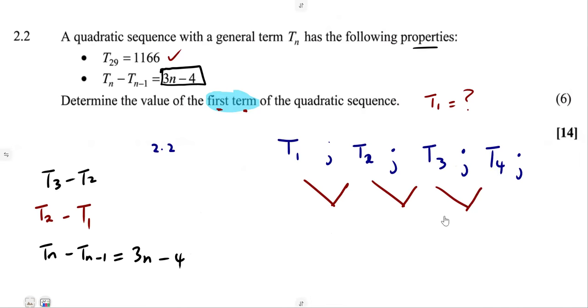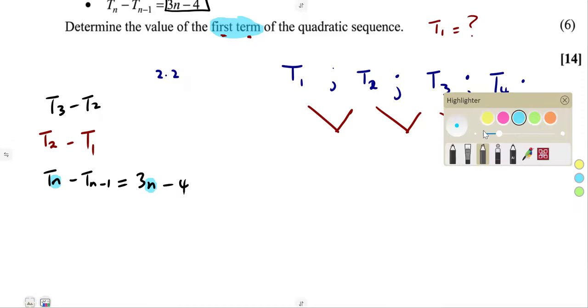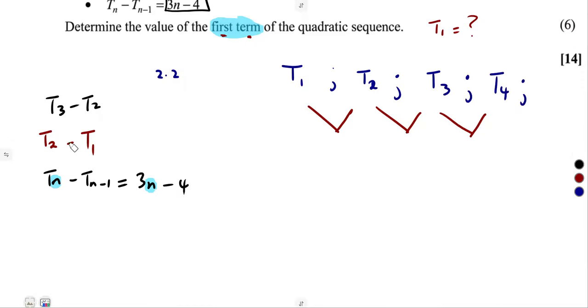What does it mean in actual sense? It means the n is the important thing here. The n minus 1 is the n that you put here. If we have T2 minus T1, our n is 2. Our formula does not have n minus 1; it is in terms of n.